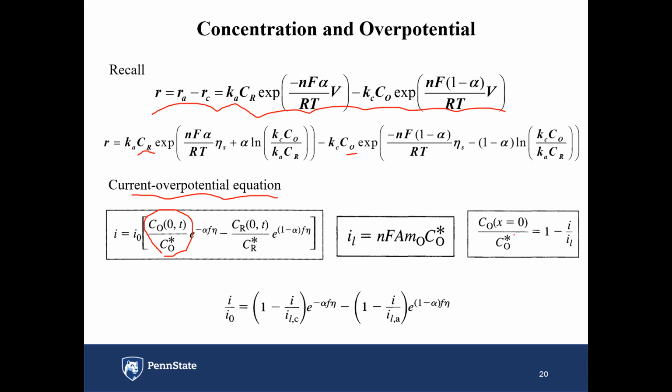The oxidation concentration close to the electrode divided by the bulk concentration is equal to 1 minus current divided by the limiting current, right? So there is another format for how to derive the current versus limiting current versus overpotential.